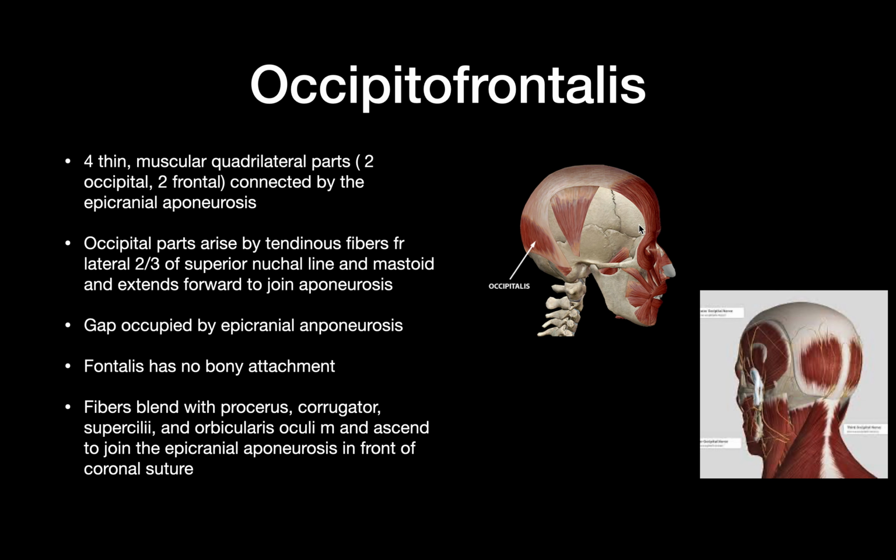The frontalis doesn't actually have a bony attachment, it just continues. Those fibers blend with the procerus, the corrugator supercilii, and the orbicularis oculi muscle, and they ascend to join the epicranial aponeurosis in front of the suture.